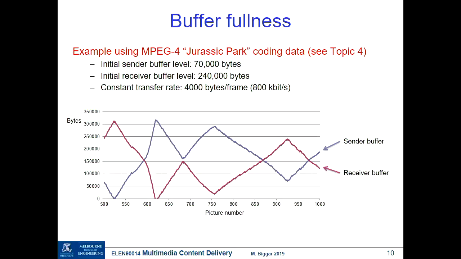And over the corresponding period in the receiver, we're using up data faster than the average at which it's being filled, and so it will continue to be emptied until we get to this point where the picture characteristics change, and the reverse is true, but they remain as mirror images of one another.